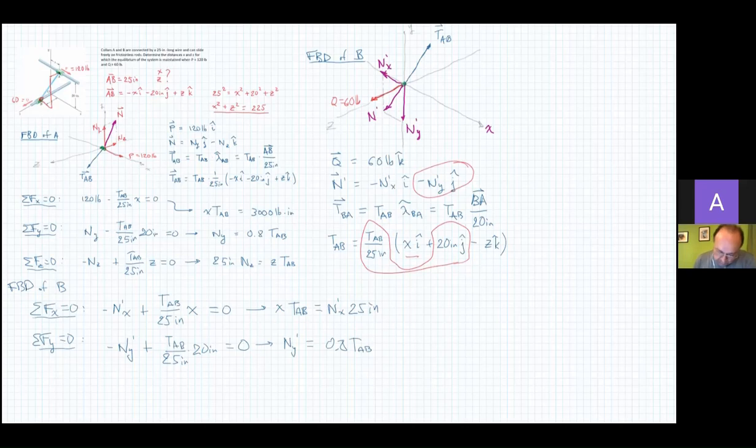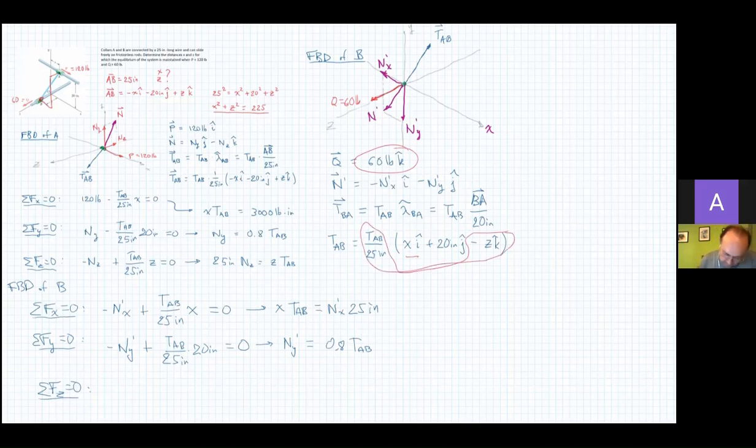And that equation is the same as the other one. It doesn't look like it's going to help because it doesn't have x or z. Now the summation of forces in the z direction equals 0. We add everything in the k direction, so that will be this one and this one.